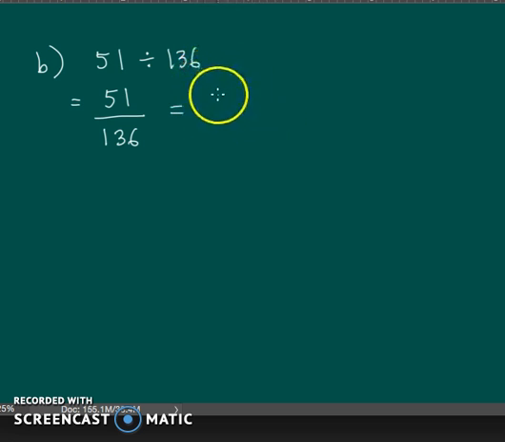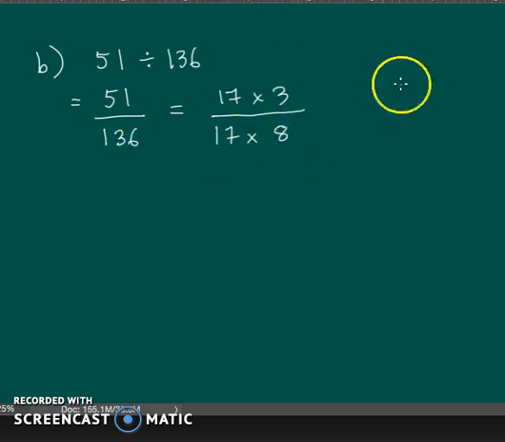So that works out. So I can rewrite 51 as, actually, I'm going to write 17 times 3. And for the denominator, I'm going to write 17 times 8. 17 times 8 comes out to 136. Can I simplify this any further?